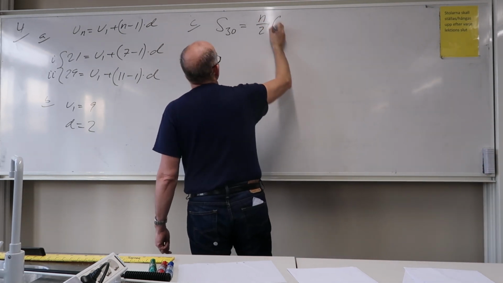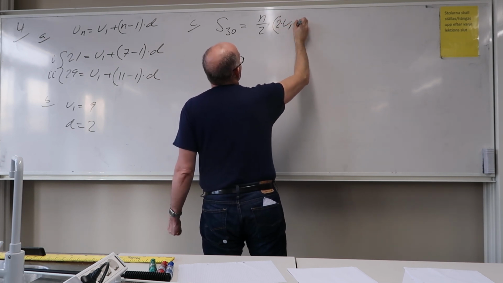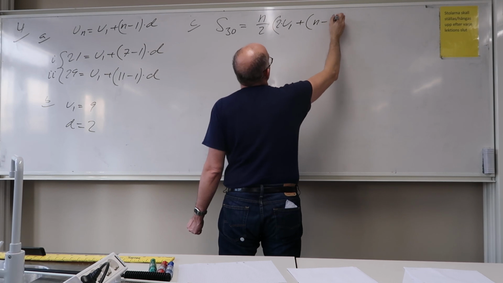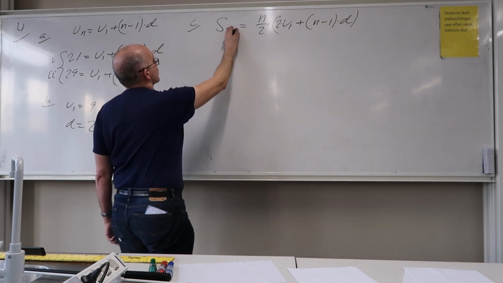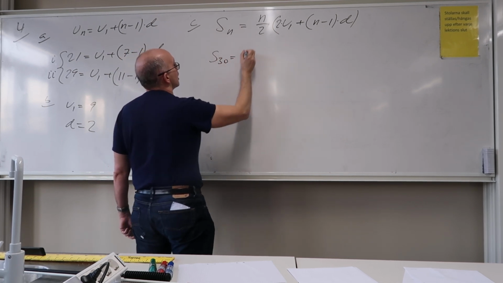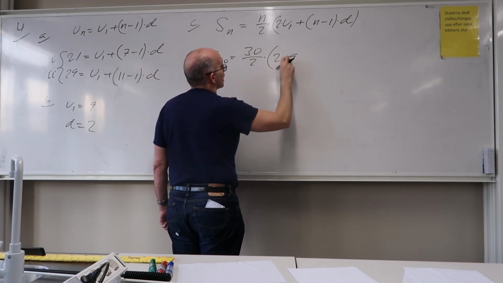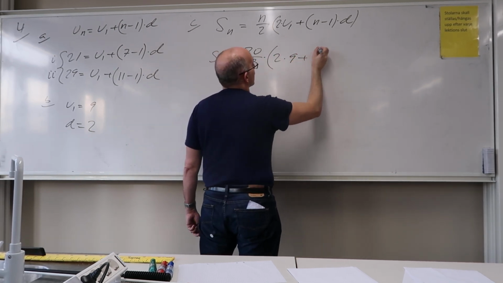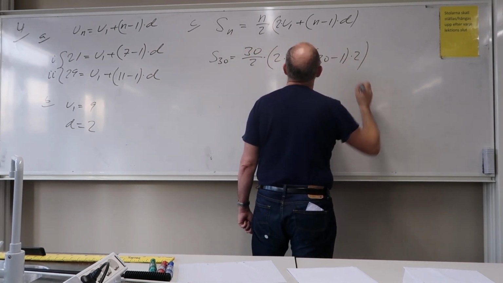n divided by 2, times 2 times u1 plus n minus 1 times the difference, right? That's the formula. Let's replace them. I should write generally here. Okay, so n is 30. 30 divided by 2, 2 times 9, plus 30 minus 1 times 2.